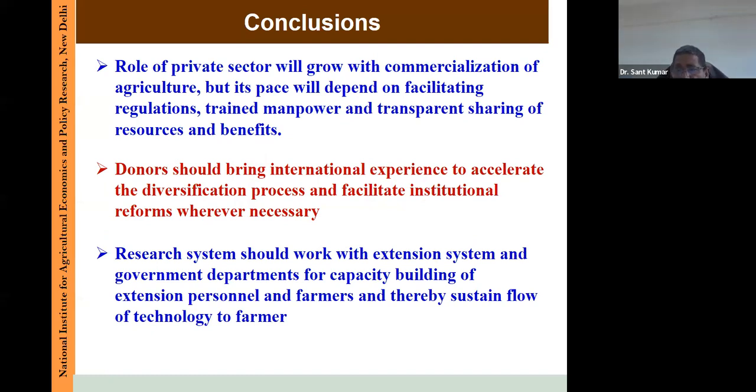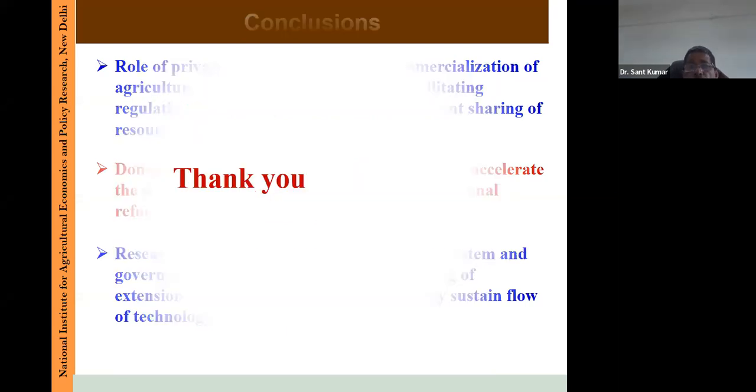Research system should work with extension system and the government departments for the capacity building of extension personnel and the farmers, and thereby sustain the flow of technology to farmers.